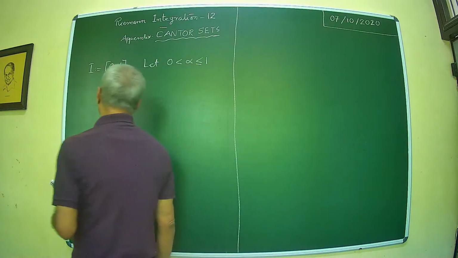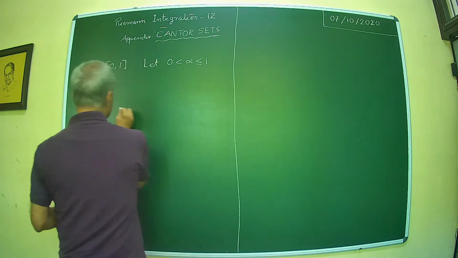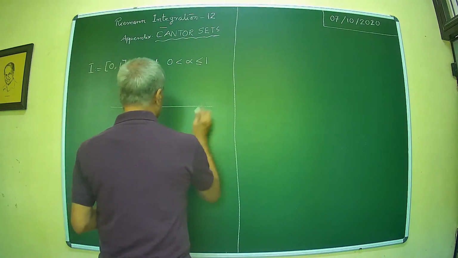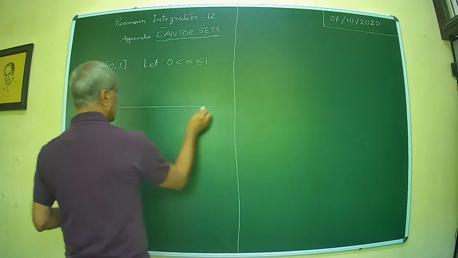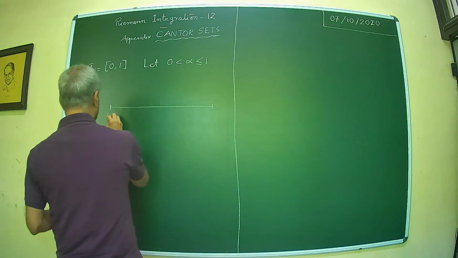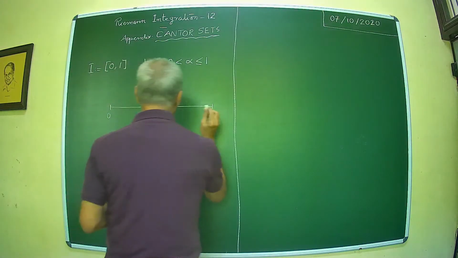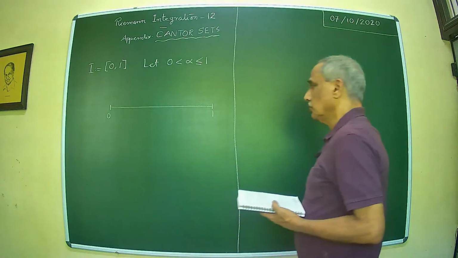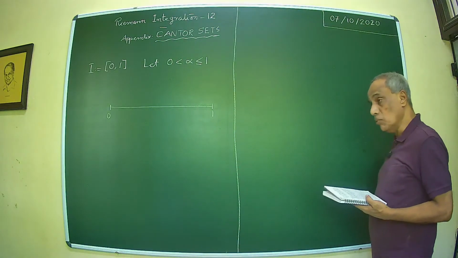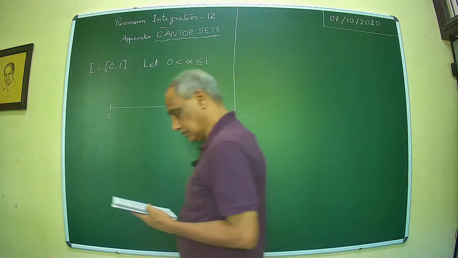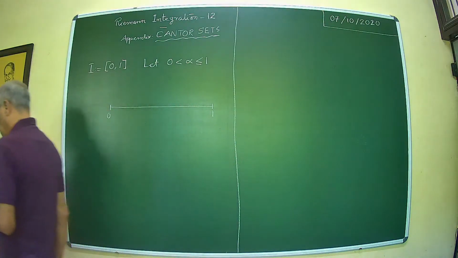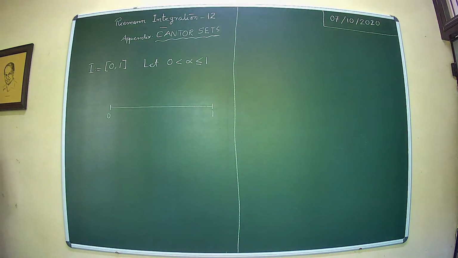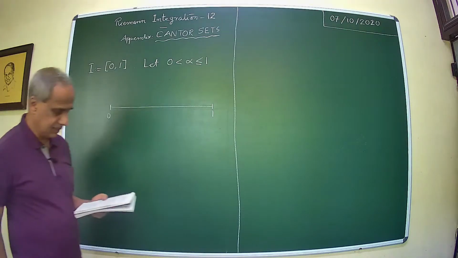Now what we do is we look at this interval 0, 1. We try a magnified form. We remove from it successively a collection of open intervals.